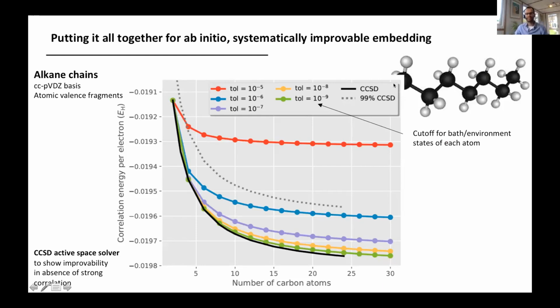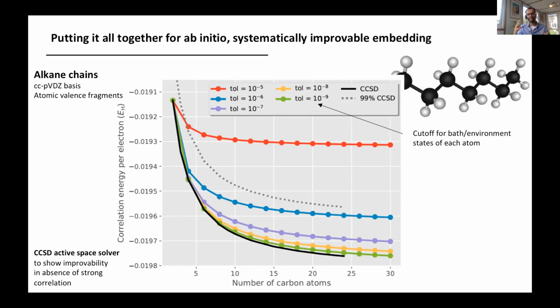This is a very simple example. Let's take an alkane chain, this classic example for local correlation methods, but I should stress this isn't a local correlation method in the framework of a pair correlation method like coupled cluster, because these describe the entire excitation space of your local degrees of freedom.